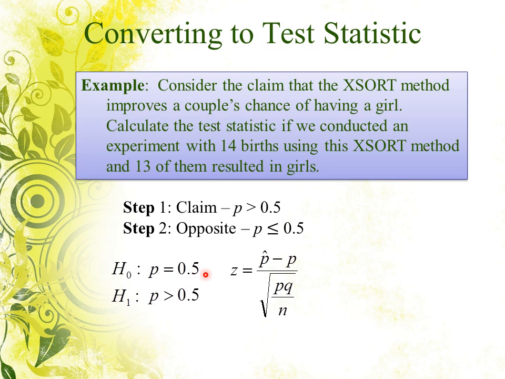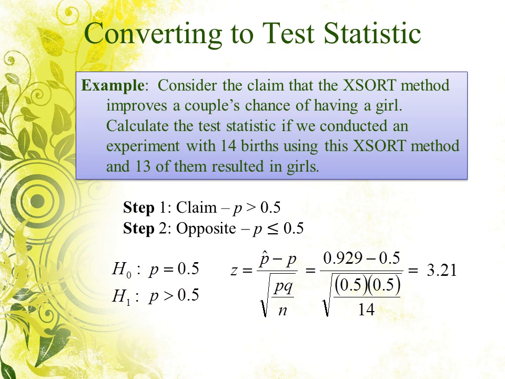P equals 0.5. Then we can get 0.5 and 1 minus 0.5, which also happens to be 0.5, for the denominator of our test statistic. And of course, n is our sample size, which was 14. So plugging all this into the calculator gets us 3.21 as our sample statistic.